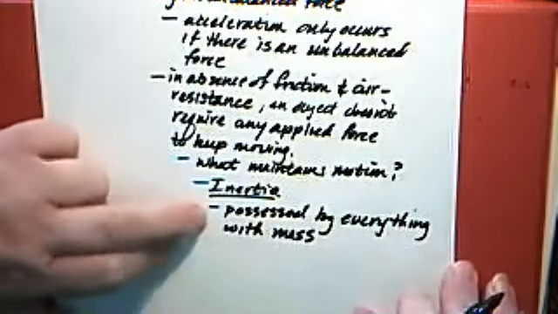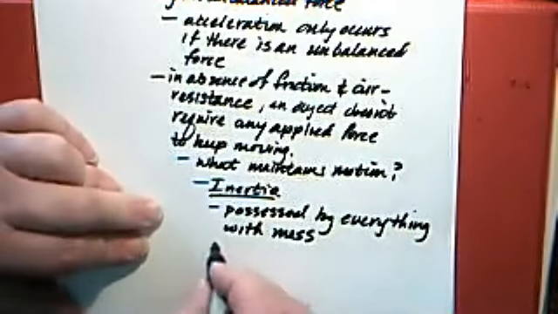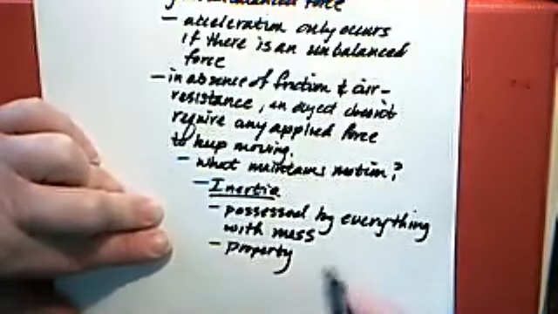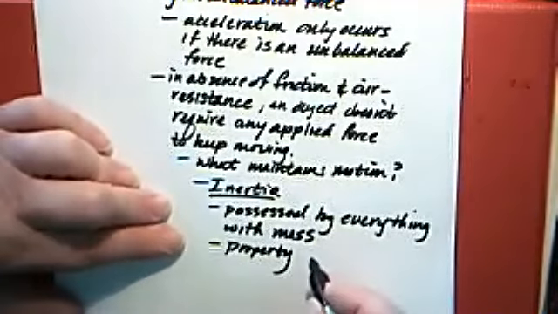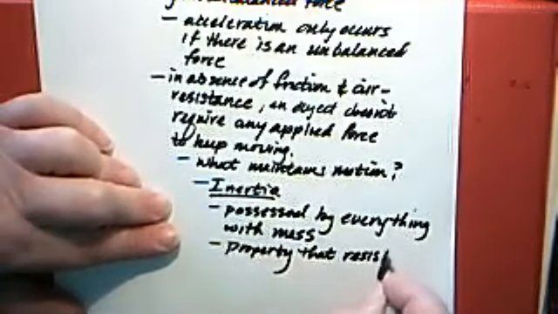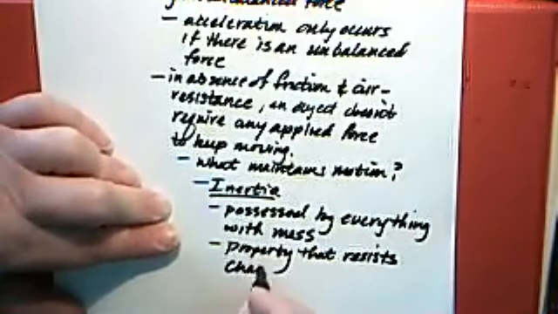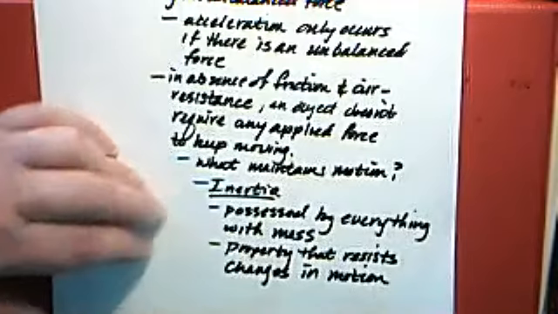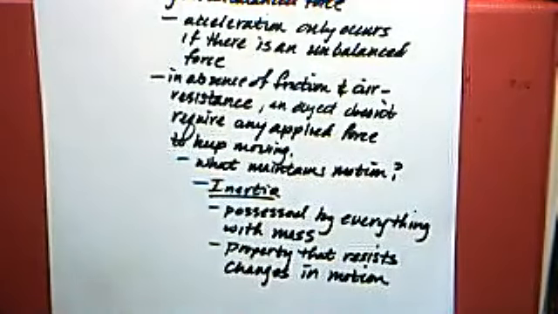Inertia is possessed by everything that has mass, so all matter has this property. It is a property that resists changes in motion, and because of this, as I said, Newton's first law is also known as the law of inertia.